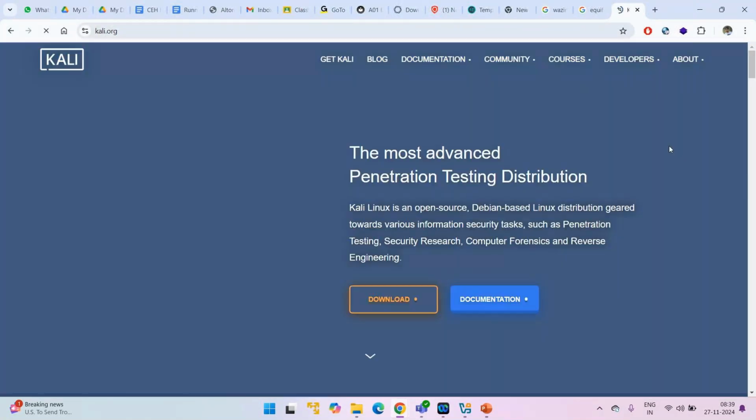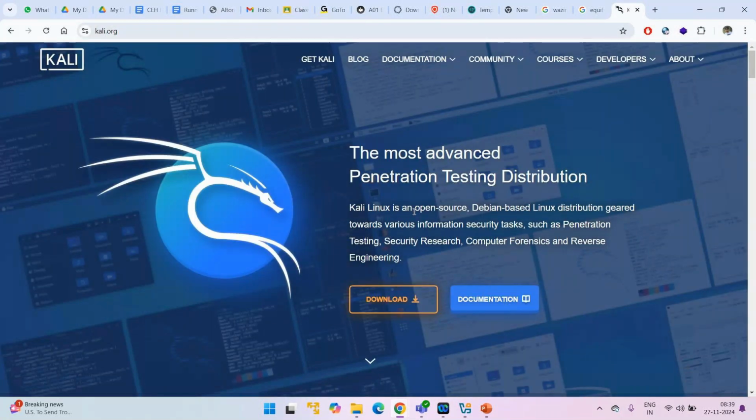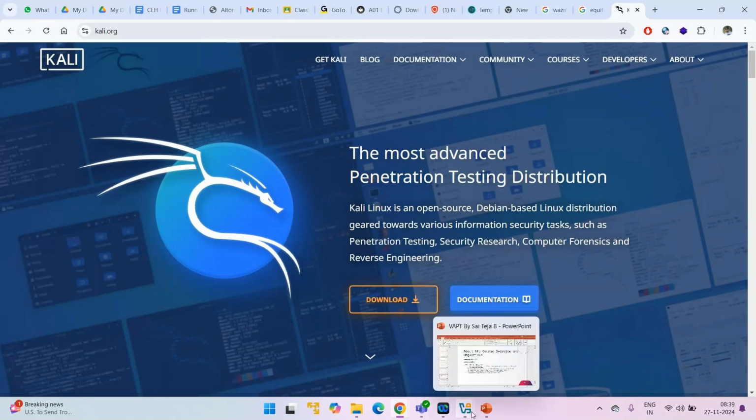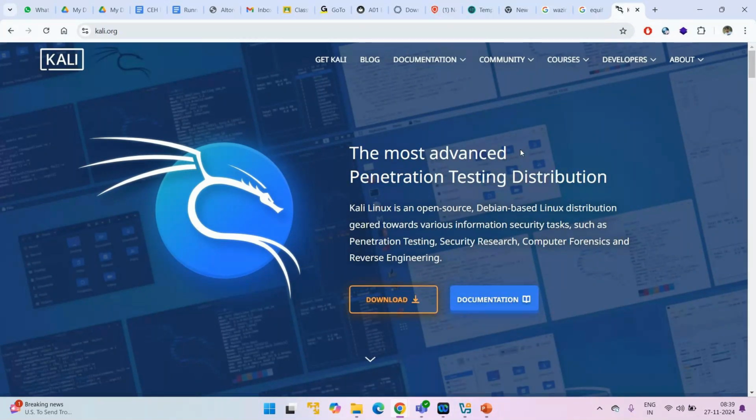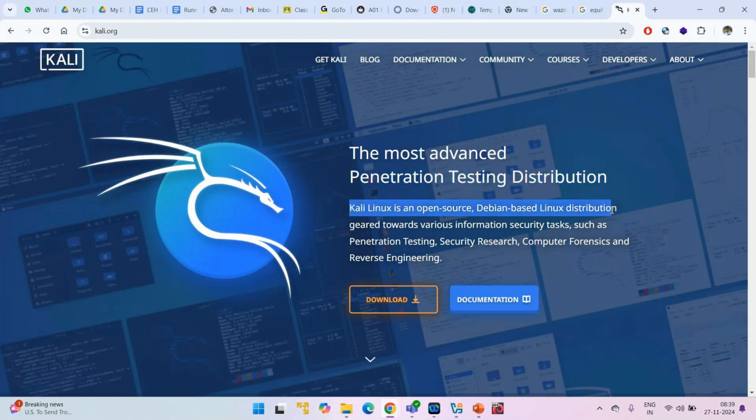I will teach you how to use this operating system, and if someone is new, I'll teach you how to install it also. This is the most advanced penetration testing distribution. Kali Linux is an open source Debian-based Linux distribution geared towards various types of tasks related to information security, pen testing, security research, computer forensics and reverse engineering.